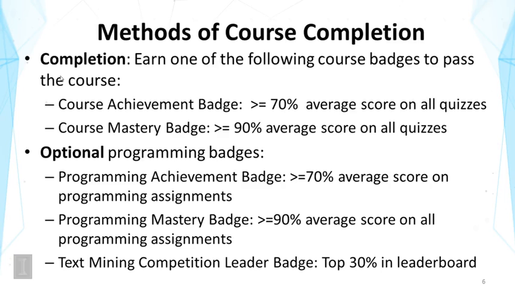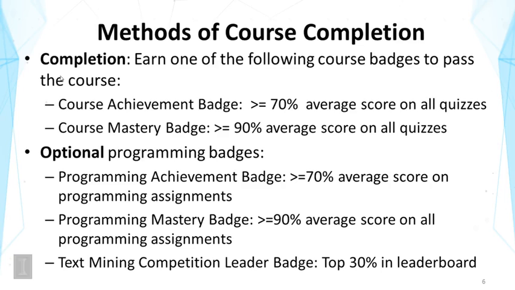The second badge listed here is a course mastery badge, and this just requires a higher score, 90% average score on all the quizzes. There are also 3 optional programming badges. I said earlier that we encourage you to do programming assignments, but they are not required.